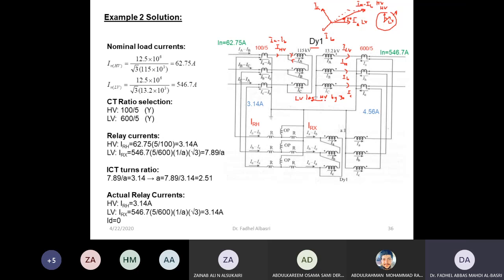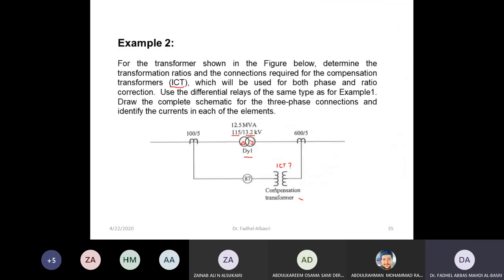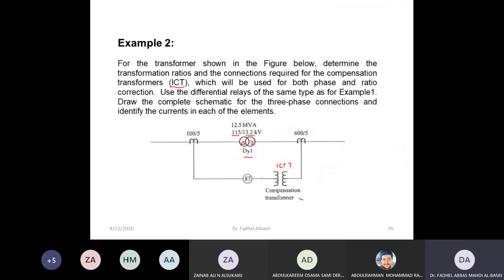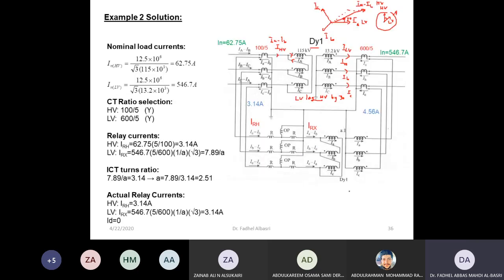And now, in this scenario, he wants me to correct the phase and magnitude by using this additional transformer. So I will also connect now, this is a star-star, I'll connect the interposing CT indicated at the LV side. So I'll connect it here at this side. I don't know the ratio. I want to choose a turns ratio.